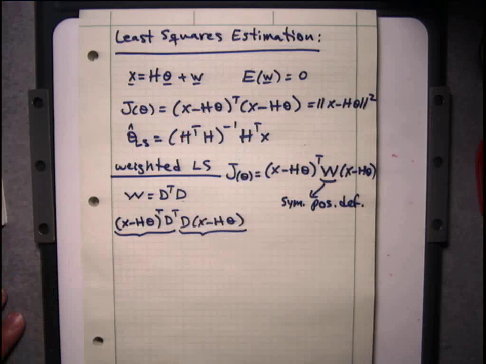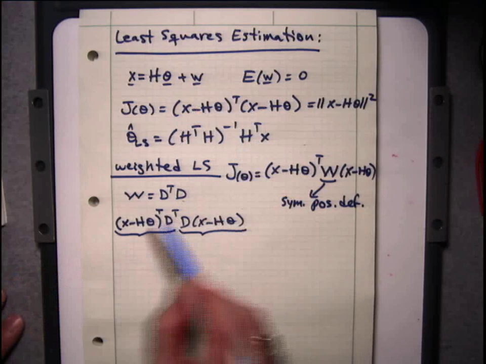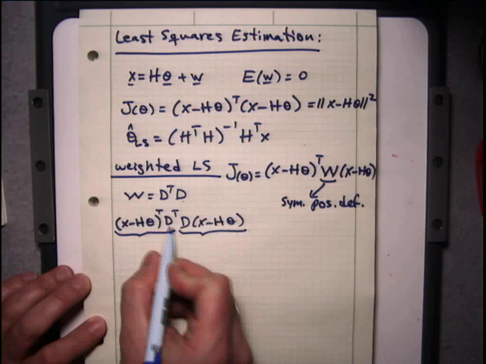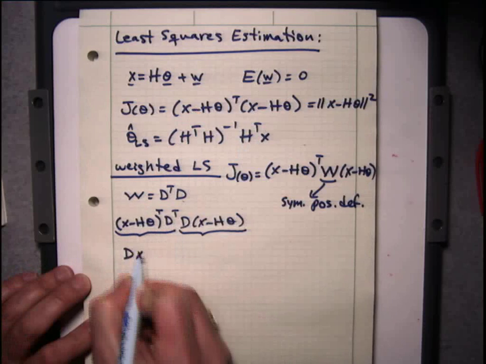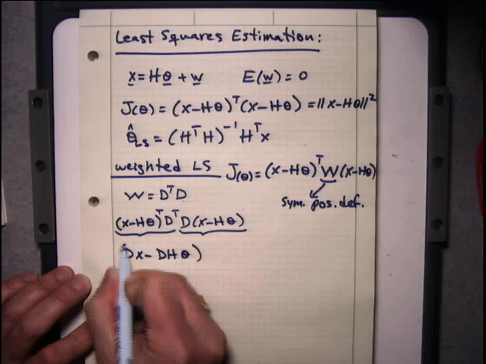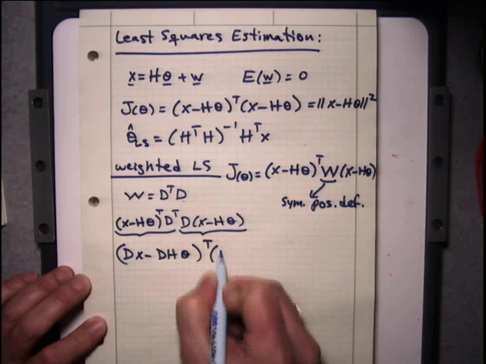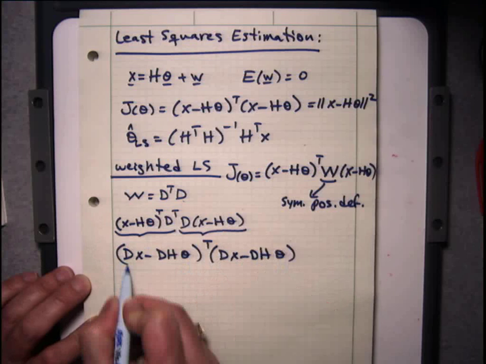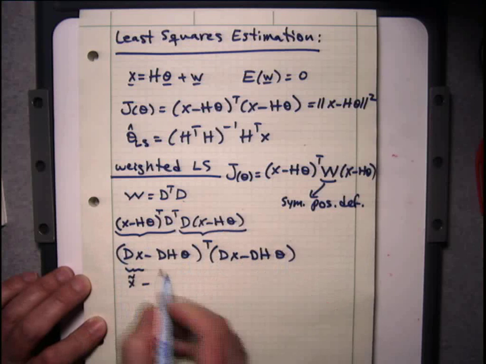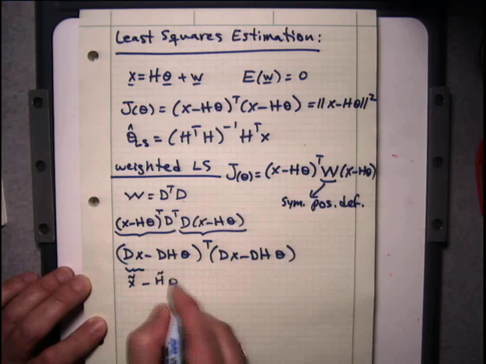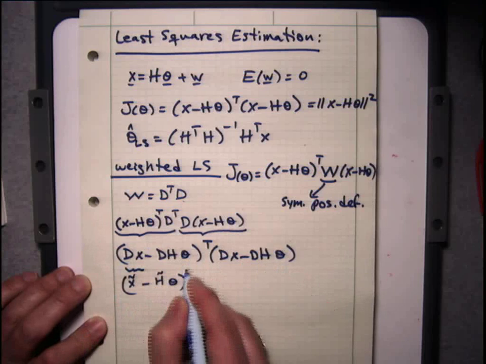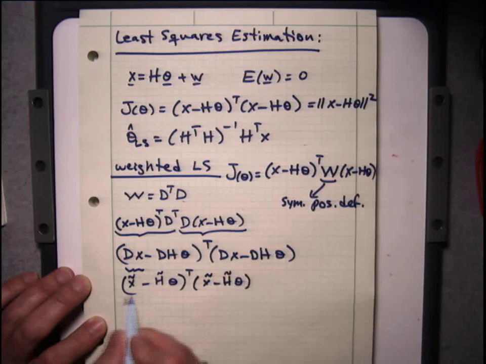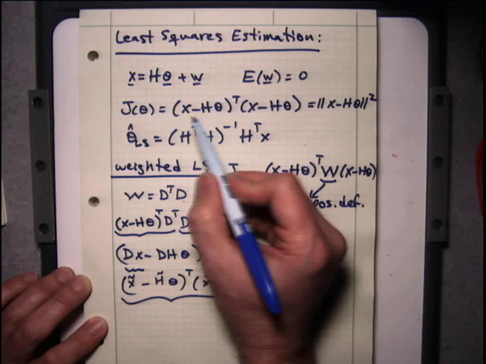It becomes Dx minus Dh theta transpose, and then Dx minus Dh theta. You define Dx as x tilde, and Dh as h tilde, so you have x tilde minus h tilde theta, transposed and multiplied. This looks exactly like what you had up here.